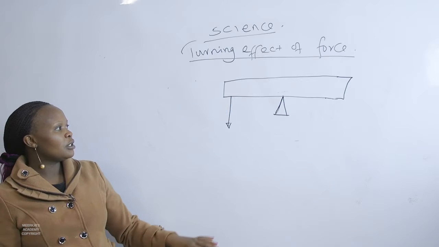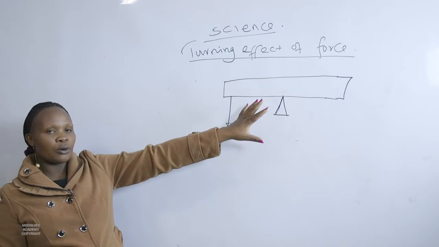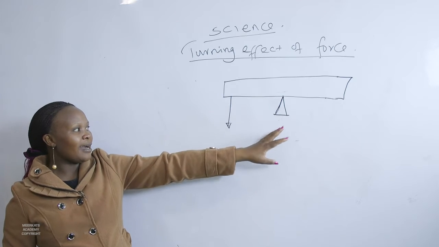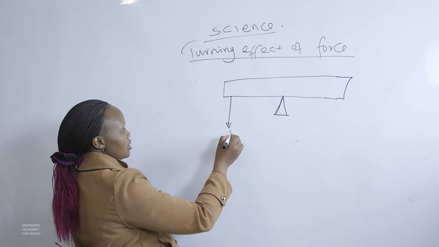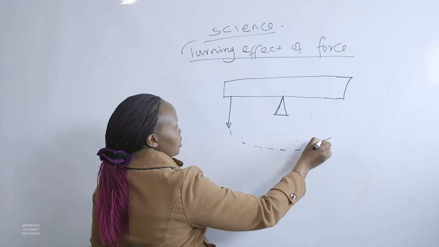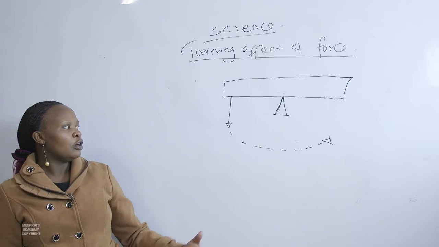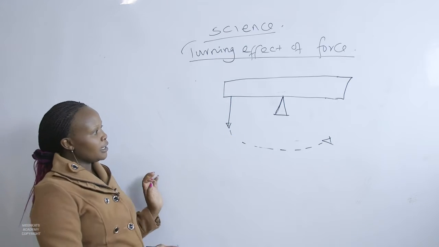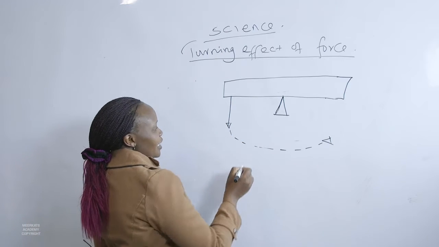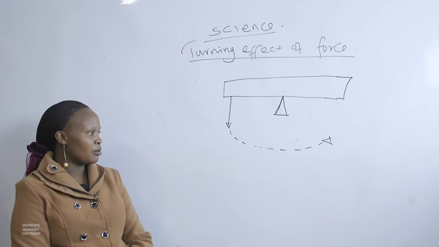Again, you will realize that the meter rule is going to be turned about the fulcrum in the anti-clockwise direction, in this direction. So, in both cases, of course, the force has to have some magnitude, and again, it has the direction of effect of the same.